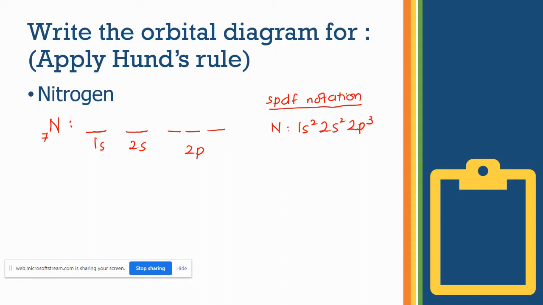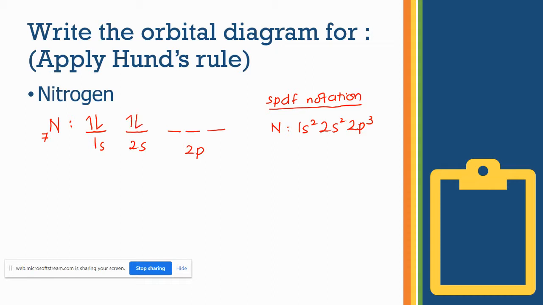Now, these dashes here represent orbitals. We have 7 electrons. So first, just like the Aufbau principle, we fill the first 2 in the first orbital, that is 1s. The arrows must be half-headed.